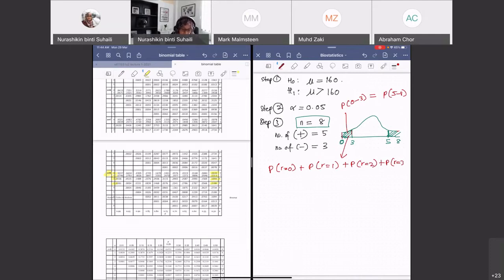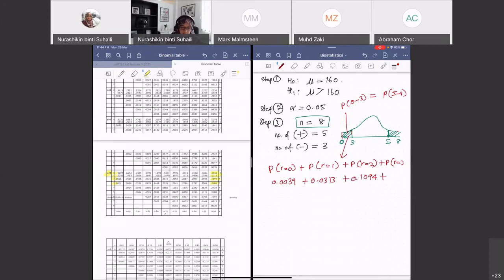The probability when x or r equals 0 is 0.0039, plus 0.0313, plus 0.1094. You can refer to your own binomial table if it's too small to see on screen, but it's referring to the values that I highlighted in yellow.